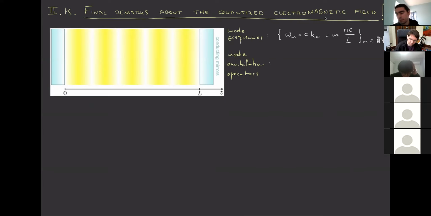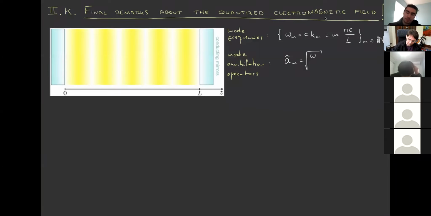And what are these? In terms of the position and momentum, which in the context of the electromagnetic field, the position was associated with the amplitude of the vector potential or the magnetic field, and the momentum was associated with the amplitude of the electric field, we can write it in this way.